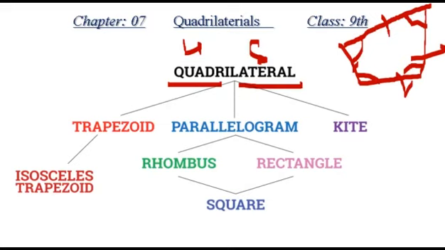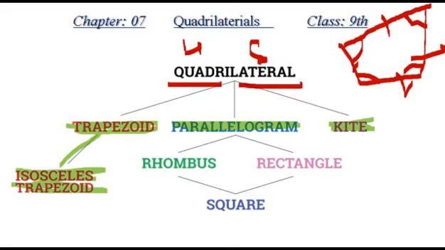Basically, quadrilaterals are classified into three main categories, as you can see here. The first category is trapezoid, which you will also call trapezium. The second is called a parallelogram, and the third is called a kite. Trapezoid can be further classified into isosceles trapezoid, also called isosceles trapezium.